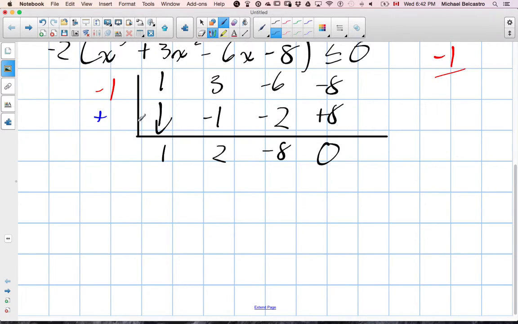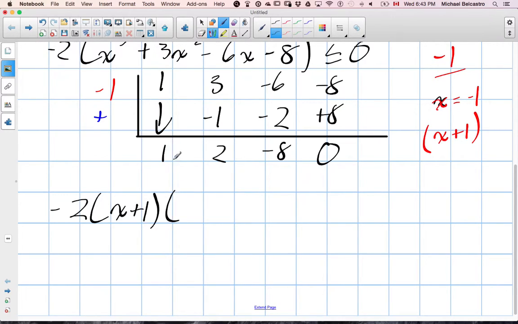Okay, good. So when we go to put this in factored form, I have my negative 2. One of my factors, since that's one of the x-intercepts, is x equals negative 1. Think of it like you're bringing the negative 1 back over, so we do x plus 1 in a set of brackets. Then in the other set of brackets, we have x squared plus 2x minus 8.